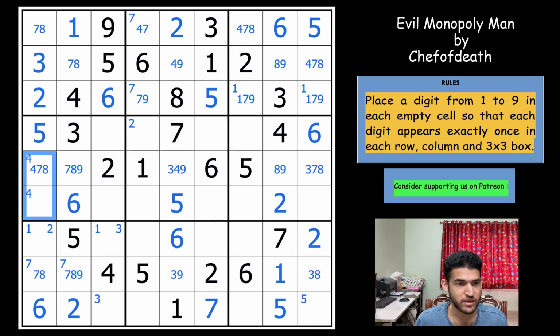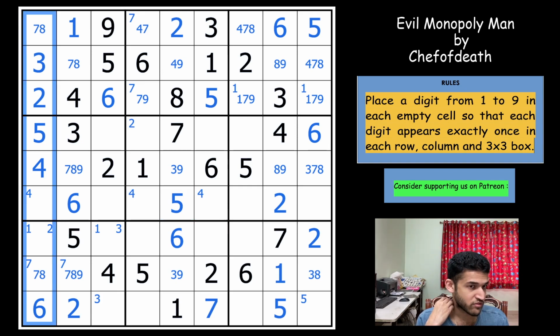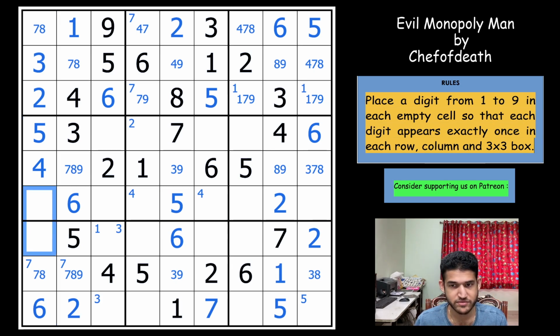Suddenly this has started to behave weirdly again. 4, so that's not a 4. Just one digit. I was looking for more, so 4 goes here. And let's look at column 1. 2, 3, 4, 5, 6, 7, and 8. So these two cells are 1 and 9.